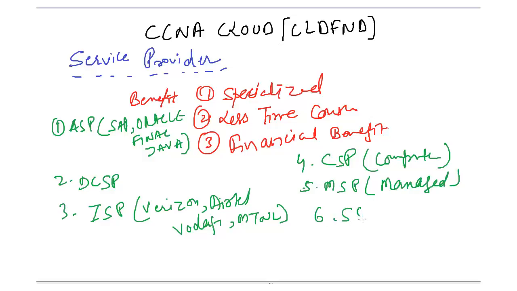Then SSP, the company or the organization that deals with storage servers. Storage servers or devices are the most critical, and the engineers who work on storage are the highest paid in the world because data has to be preserved for years.